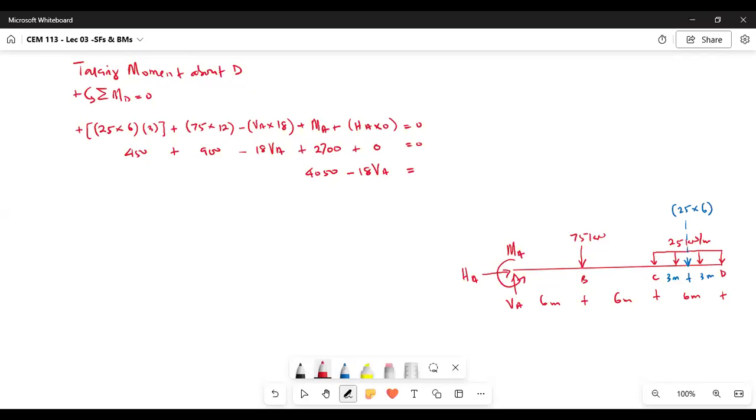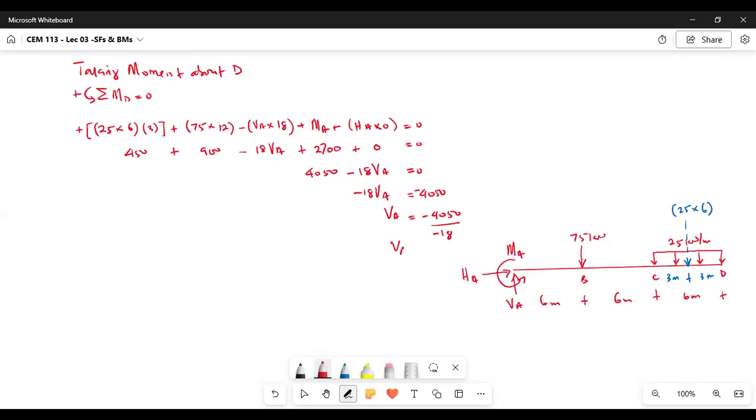So this is equal to 0. Now we're going to have negative 18 VA is equal to what? Negative 4050. So VA will be equal to negative 4050 over negative 18.